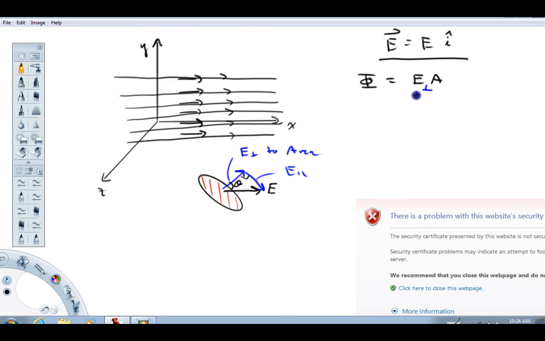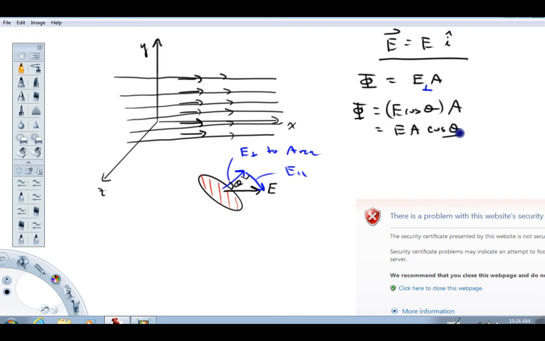So another way we can express the flux is E cosine theta. That's the component of the electric field that's perpendicular to the area, and then times the area, or when we look in our textbook, this will probably say EA cosine theta. The cosine theta part takes into account the orientation of the area.